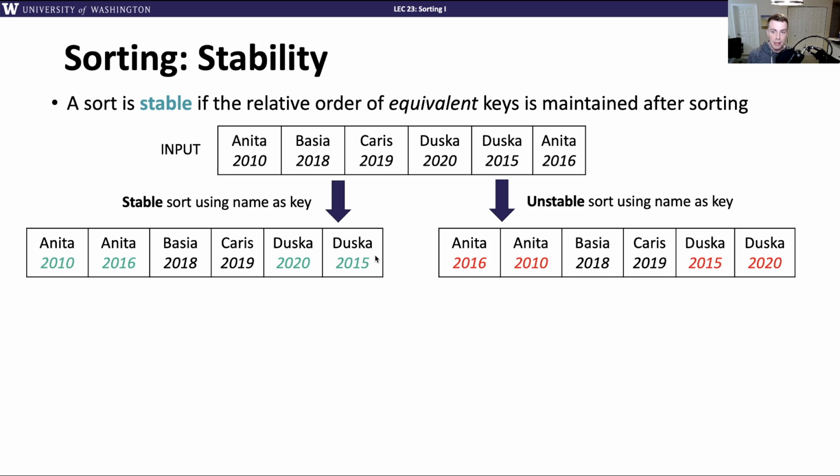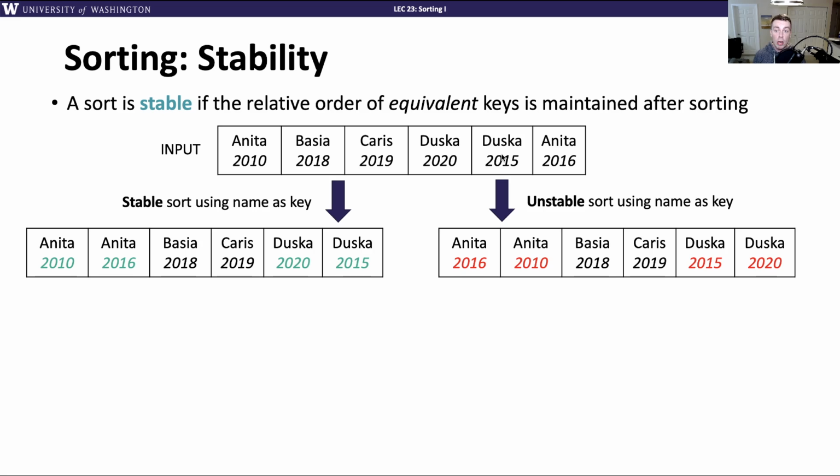The difference between them is how they break the ties. We call the first sort stable because in the case of ties, Anita 2010 appears before Anita 2016 because Anita 2010 appeared before Anita 2016 in the input list. Just like here, Duska 2020 is before Duska 2015 because Duska 2020 appeared before Duska 2015 in the input.